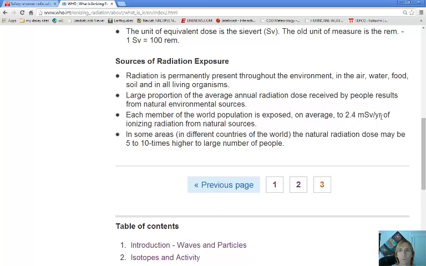So 2.4 millisieverts of ionizing radiation from natural sources does not hurt us because these aren't high frequency radiated waves at all. Only radioactive material from man can kill biological beings such as animals, plants, microbes, phytoplankton. The list goes on, what Fukushima is killing.